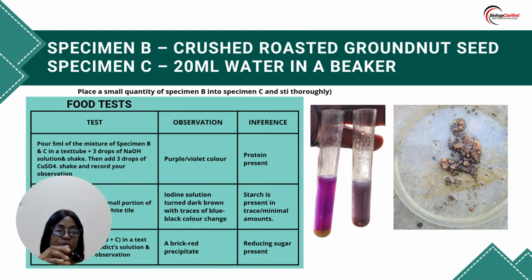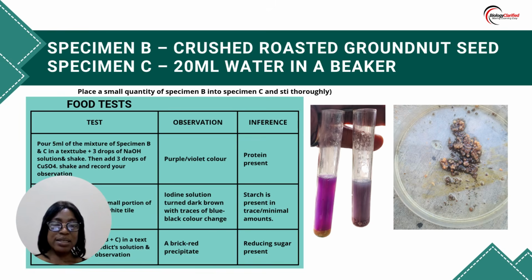So to a portion of the mixture of specimen B and C, if you add a few drops of Benedict solution, it will give a brick red precipitate, and that shows that carbohydrate is there. That means there is a presence of sugar in that mixture. That means groundnut has reducing sugar. The brick red precipitate is at the bottom.